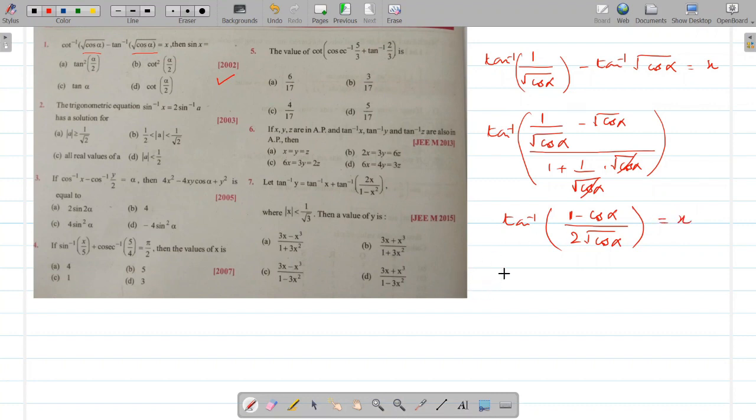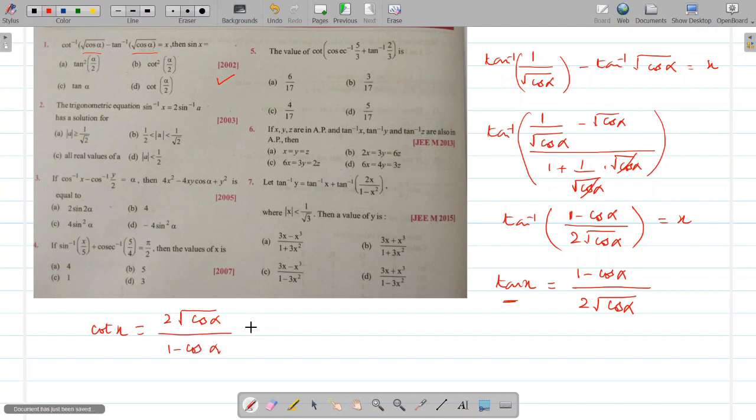So we can see that tan x is equals to 1 minus cos alpha upon 2 under root of cos alpha. Now let's simplify these values. Since tan x's value is given, we can write that cot x is equals to 2 under root of cos alpha upon 1 minus cos alpha.